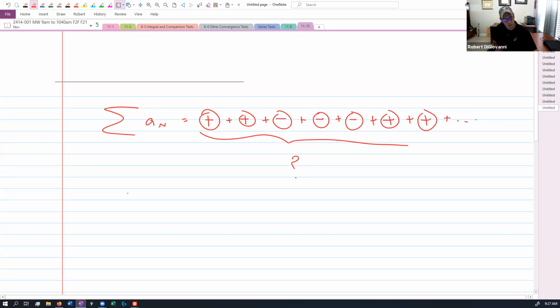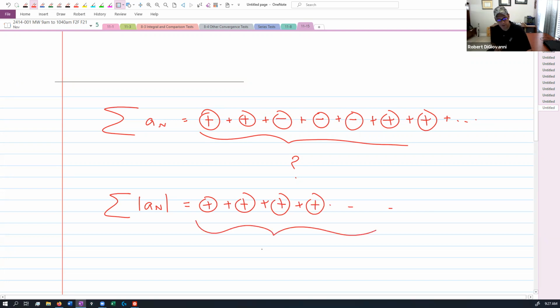This theorem says, look, if you take the absolute value of all those, it turns them all into positives. Now you have a bunch of positive numbers forever. If this converges, let's say it goes to a number, then if you go back and look at the original one, all you're doing is taking away from that.